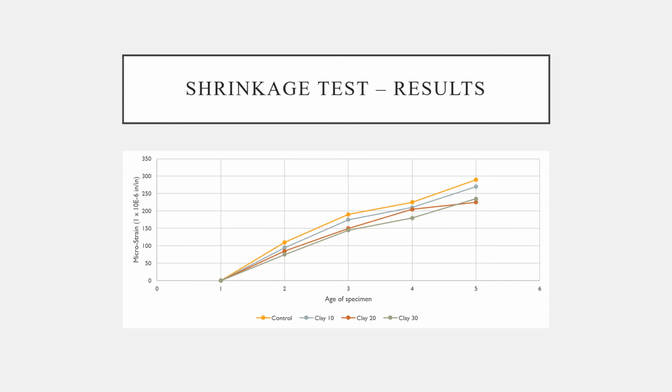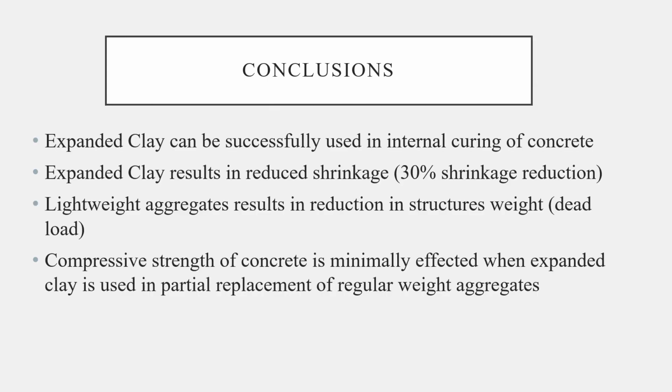So, in conclusion, expanded clays can be successfully used in producing internally cured concrete. The expanded clays result in shrinkage reduction of up to 30%. That is a requirement for surfaces exposed to aggressive environmental attacks, like bridge decks, for example.